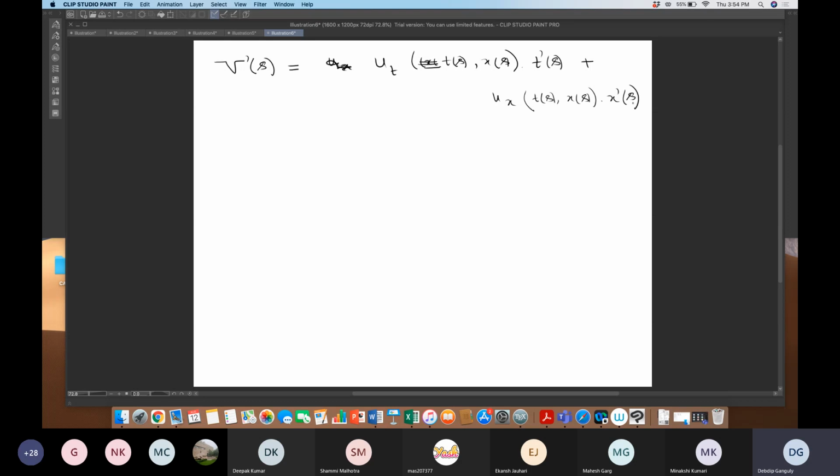Clear? Now suppose t prime of s is equal to 1 and x prime of s is equal to a.